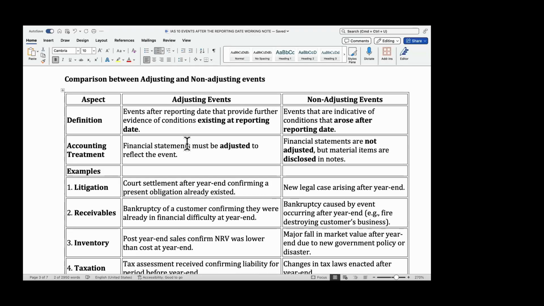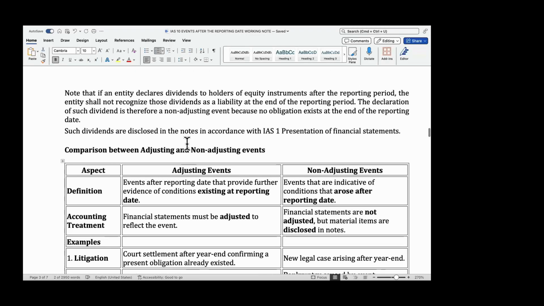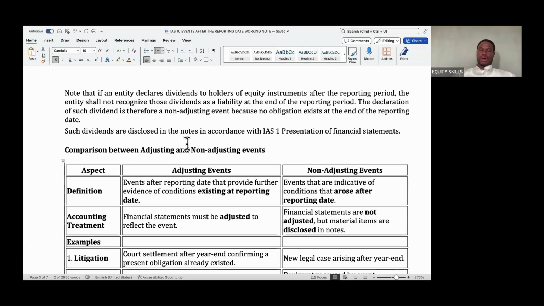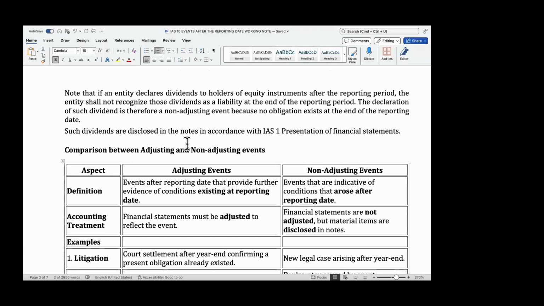Sorry, I want to ask a question. When we said adjusting event, we said that if we are able to sell a product after the end of the accounting year, and we notice that the actual price in the market is lower than what we have in our inventory, we should adjust.